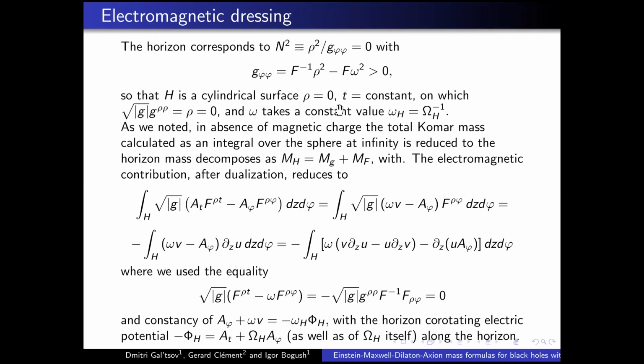So it looks like a one-dimensional subspace, but it is not, because it is a singularity in Weyl coordinates, and the area is finite, we will see. Also the rotation parameter takes a constant value, which is just the inverse of the angular velocity of the hole. Now, after that, we reduce the whole integral to the common integral over the horizon.